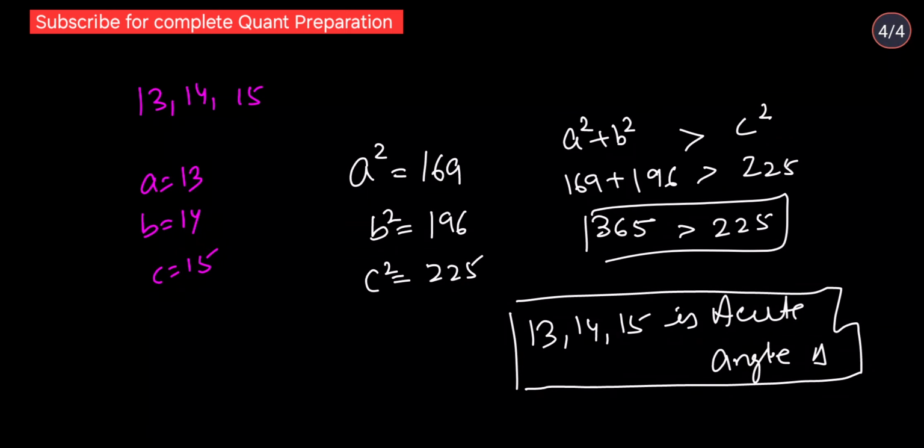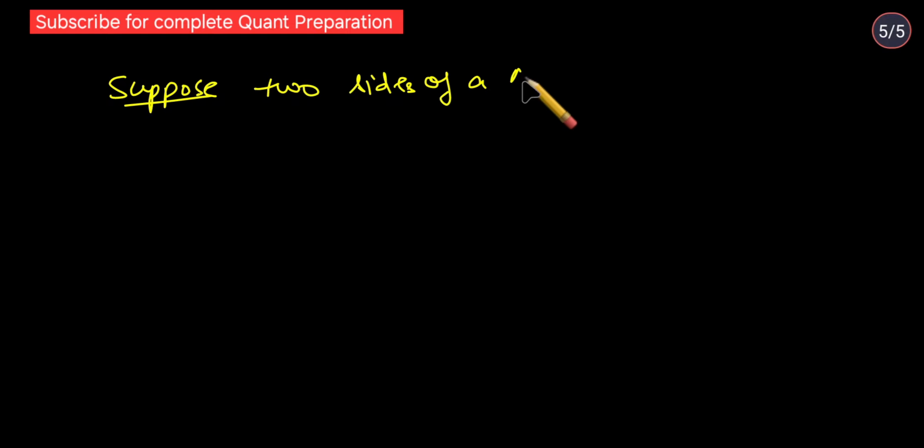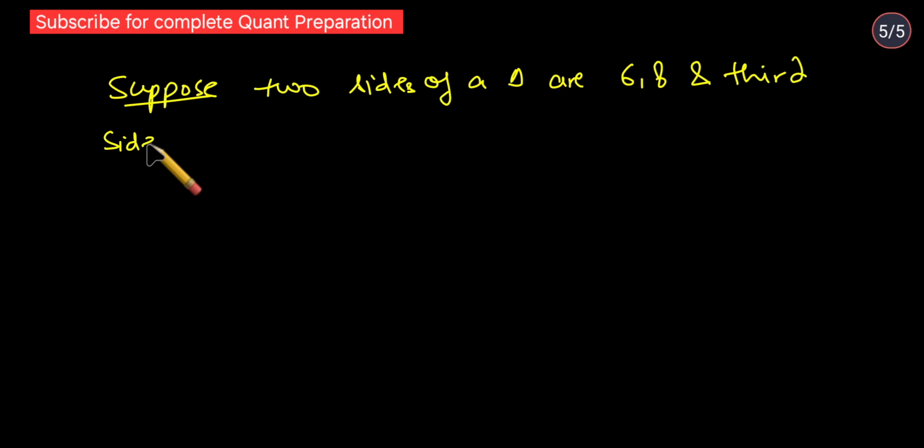Now we'll be discussing how to make the triangles, and how many possible triangles are there, right? So suppose two sides of a triangle are 6, 8 and the third side is x centimeter.